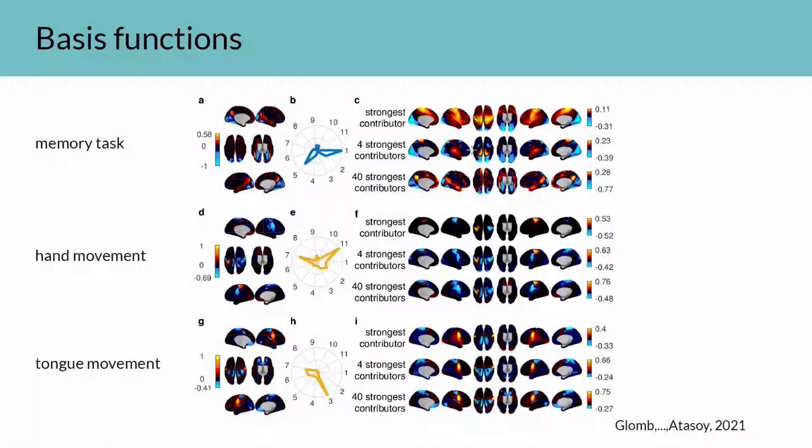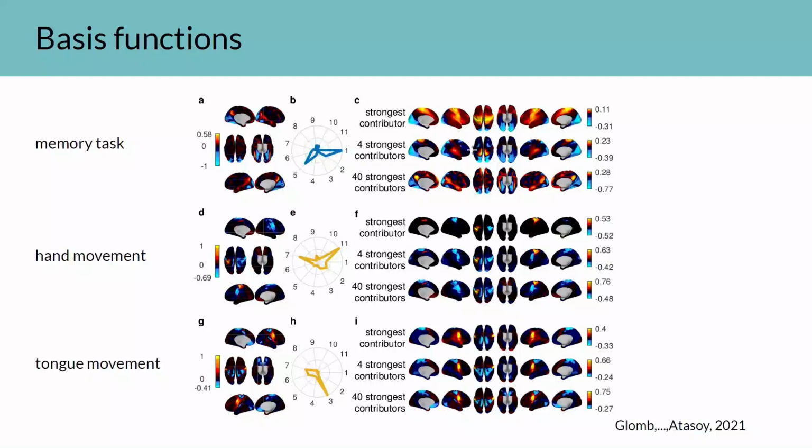So even the first functional harmonic will already capture a lot of the variability. And for other patterns, for other things that are more cognitive, let's say, you need more functional harmonics to really capture the activity pattern. And I mean, also keep in mind that these are group averages.